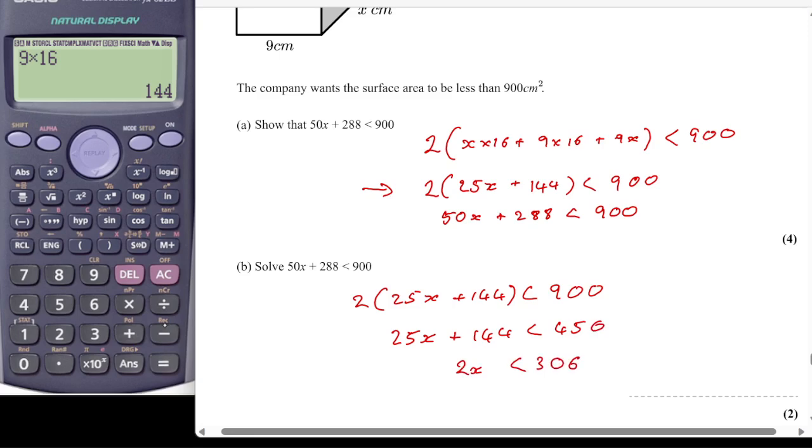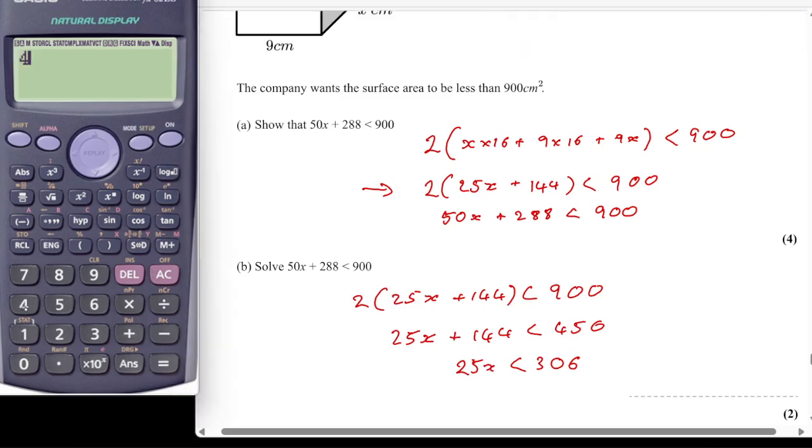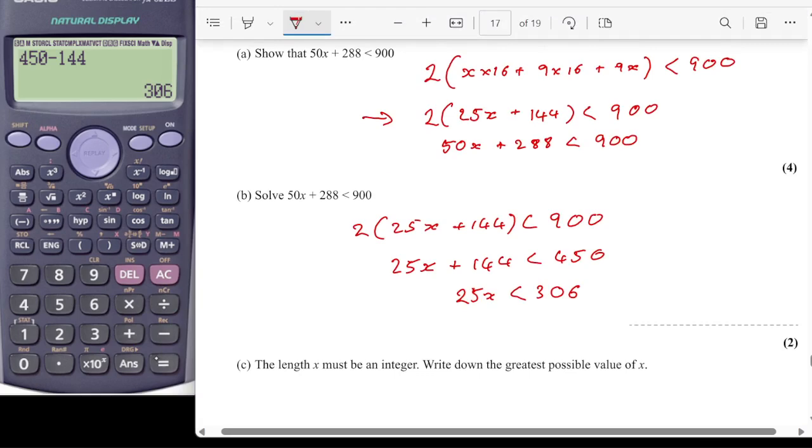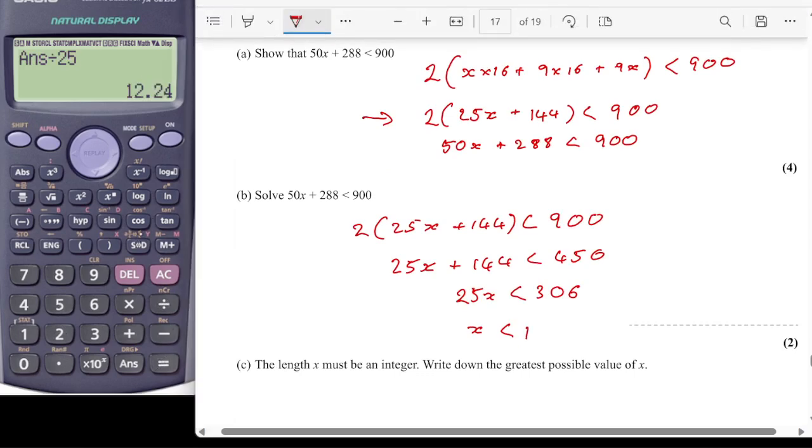That's not particularly nice. Let's just correct that and double check. 450 minus 144 does give us 306, so I need to divide both sides by 25 then. So x has to be less than that divided by 25, which will give me 12.24.